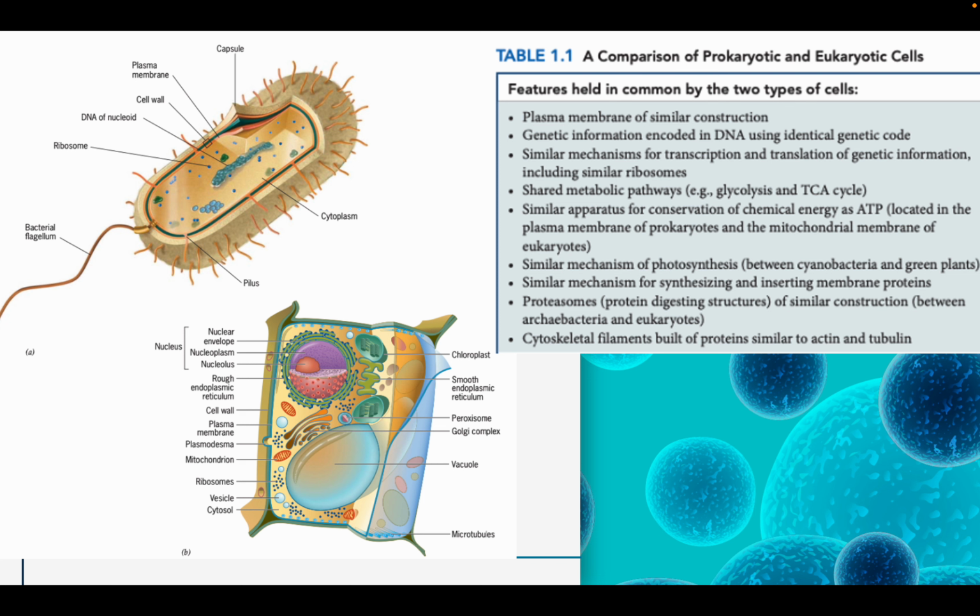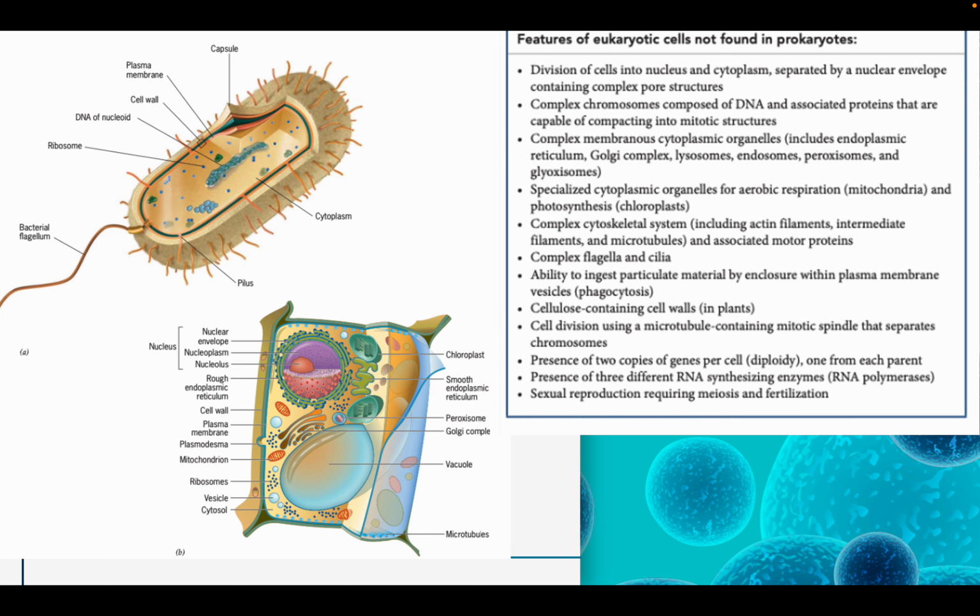Another is the complexity: eukaryotes have a greater variety and number of organelles, and greater overall size and complexity of the cell. Okay? So next are the differences.